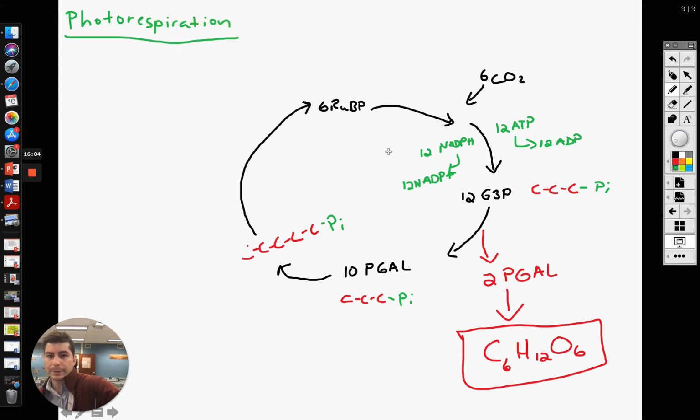We have our RuBP. Right here, draw it in blue, we have our rubisco enzyme. Probably something that ends in ASE. We're not too worried about it. Here's the problem. We cannot bring in CO2 because our stomata is closed.